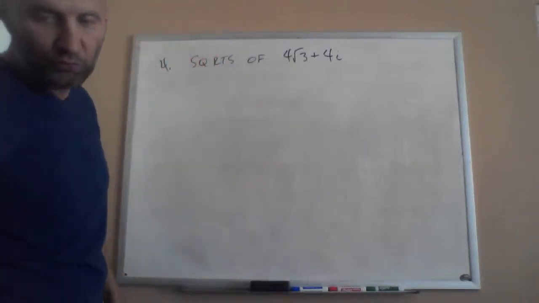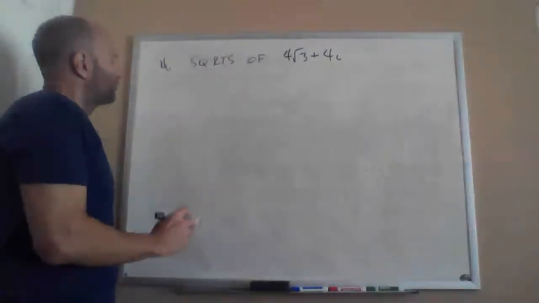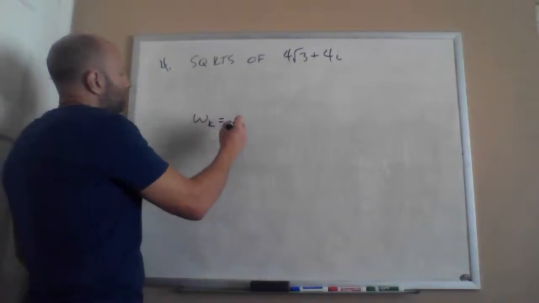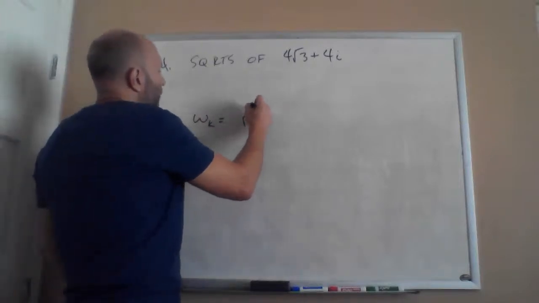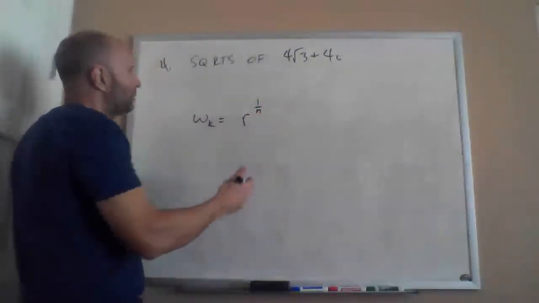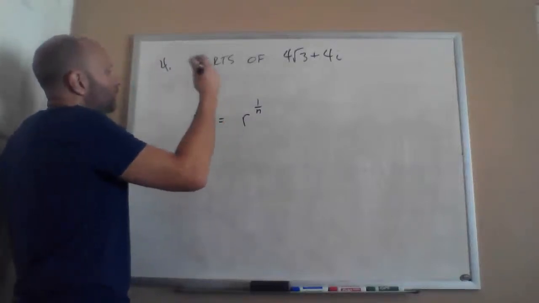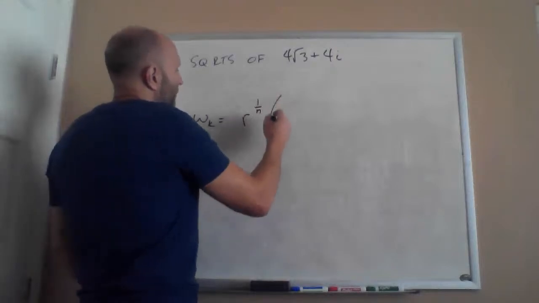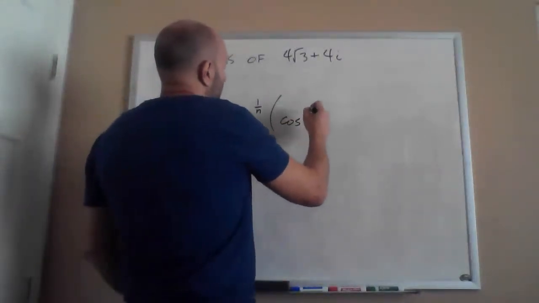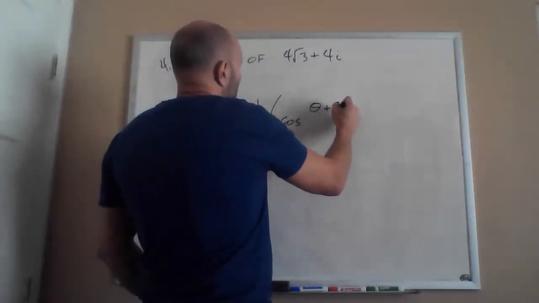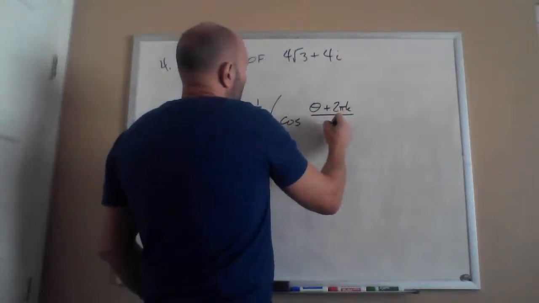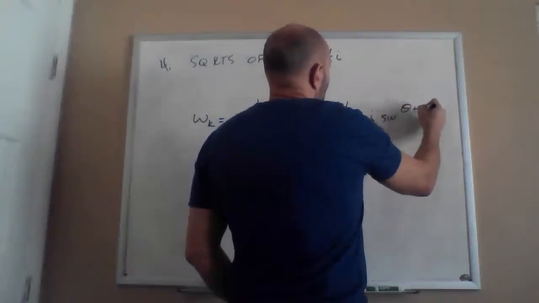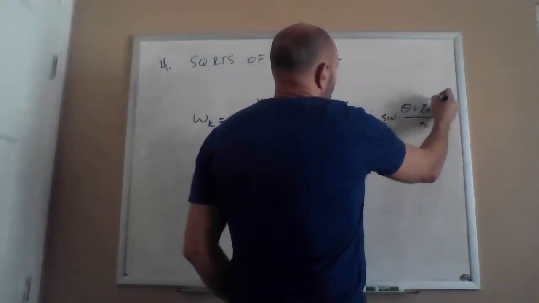So actually, that's the question. Let me talk about the roots, how we figure these out. So when we're finding roots, we have the formula omega k is r to the 1 over n, where n is the number of roots. So if I have a complex number with r and theta and n roots, then the formula is r to the 1 over n, cosine of theta plus 2 pi k over n, plus i sine of theta plus 2 pi k over n.